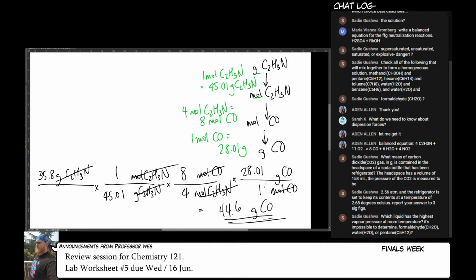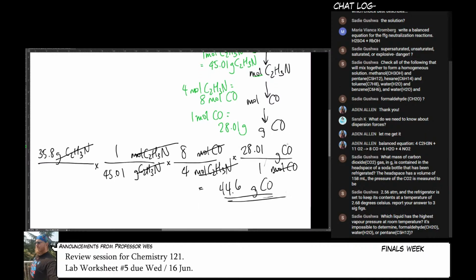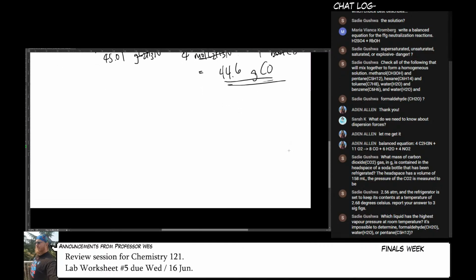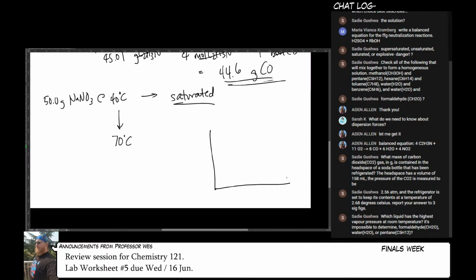All right. So for the next question about the solution. So if I put 50 grams of sodium nitrate at 40 degrees Celsius into water, and this is true, and then all I do is change the solution condition to this, remember that for all of our solutions that we looked at, they all tended to do something like this, right?